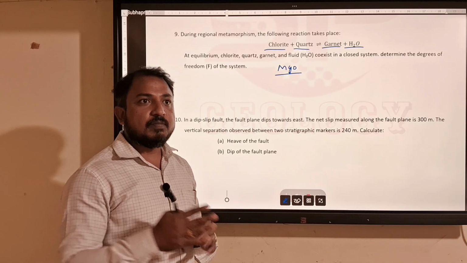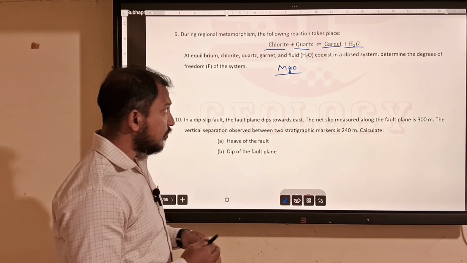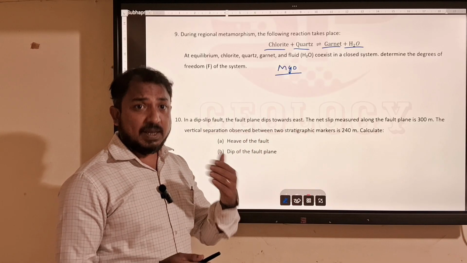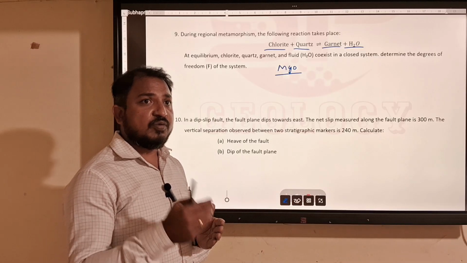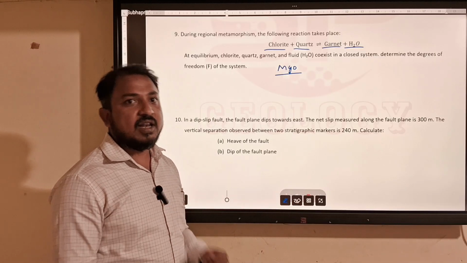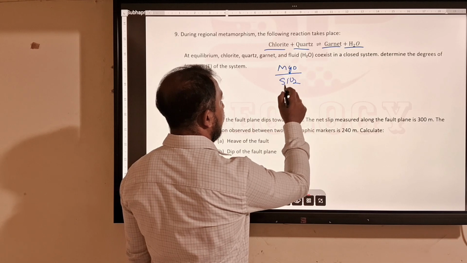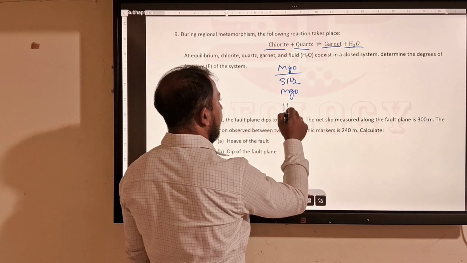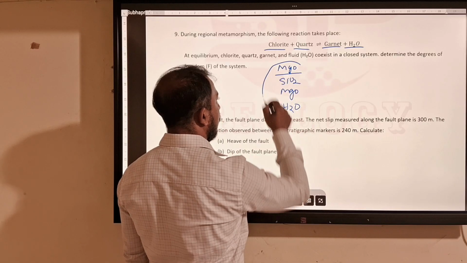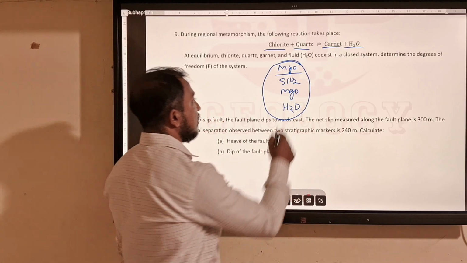They can easily replace each other's position. So MgO, FeO, MnO all are considered as a single component. Then SiO2 will be considered as another component. Garnet also has MgO and SiO2. Then we have H2O.